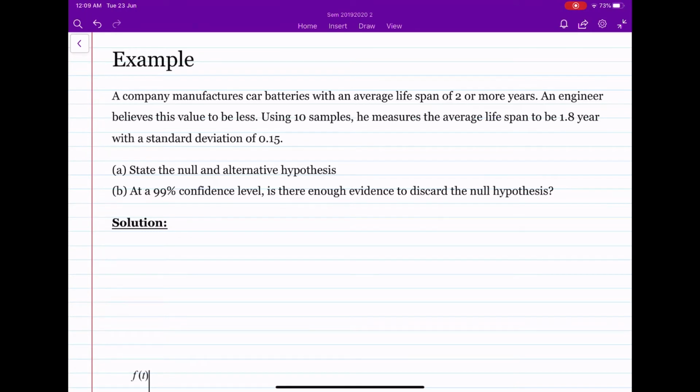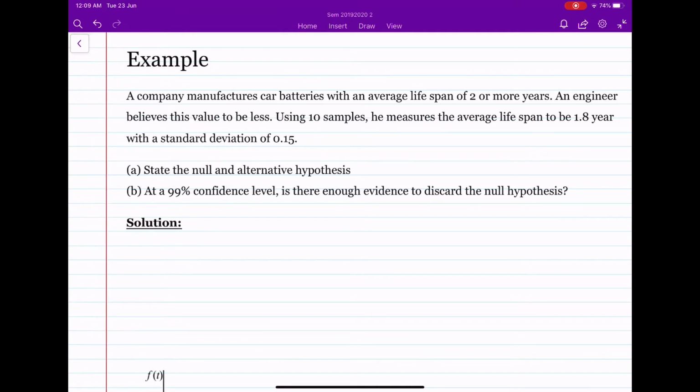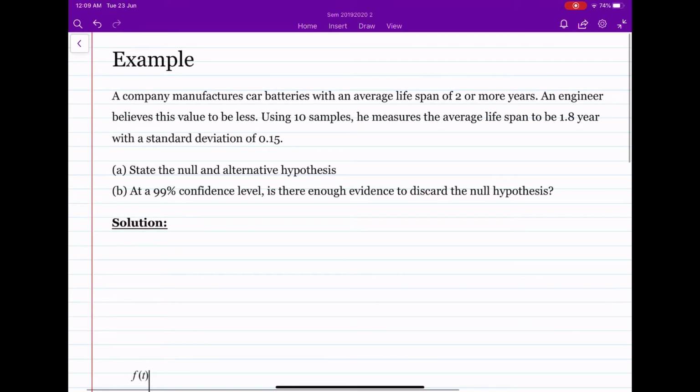So in part A, we are asked to state the null and alternative hypothesis. In part B, at 99% confidence interval, is there enough evidence to discard the null hypothesis? Part A is very simple.